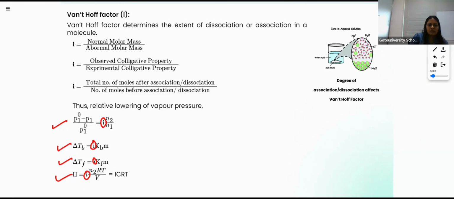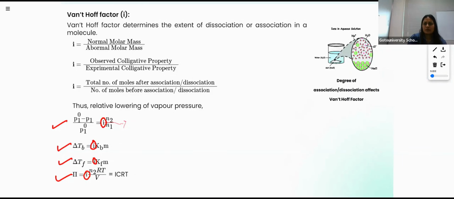Why are we relating the colligative properties with the van 't Hoff factor? To check to what extent the dissociation or association has taken place in a molecule, and to what extent the difference in their molar mass is coming.